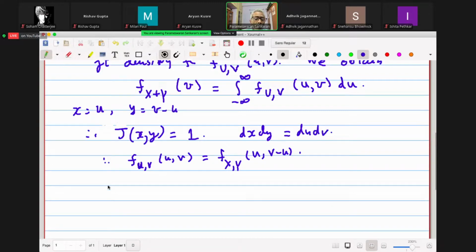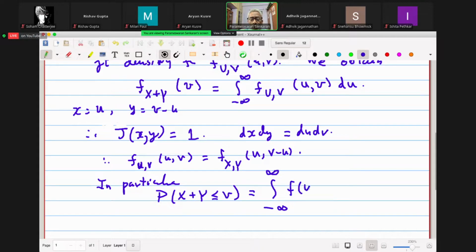So in particular, you can write the probability of x plus y less than or equal to v as the integral from minus infinity to plus infinity of f(u, v minus u) du. So mind you, v is a constant here. v is rather fixed. Okay, du. That's it.